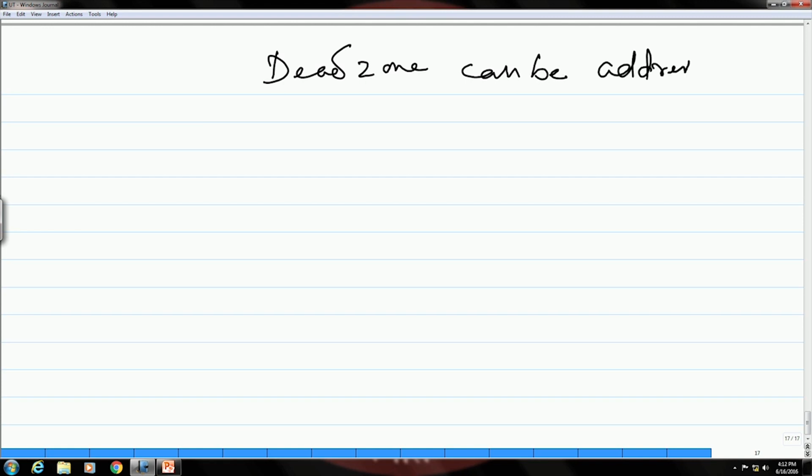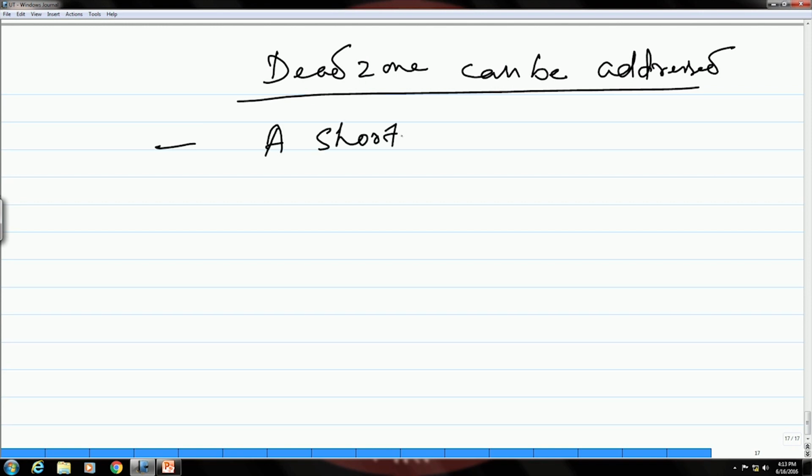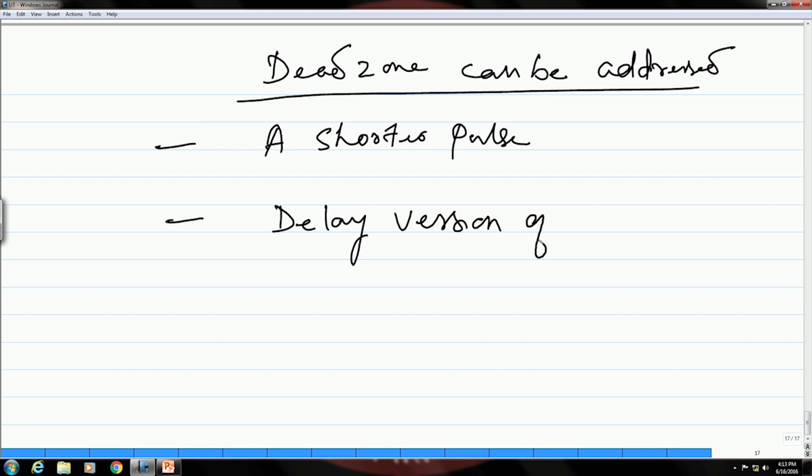So, this problem of dead zone can be addressed by using a shorter pulse or high frequency. Then you can use something called a delay probe or a delay version of probe.